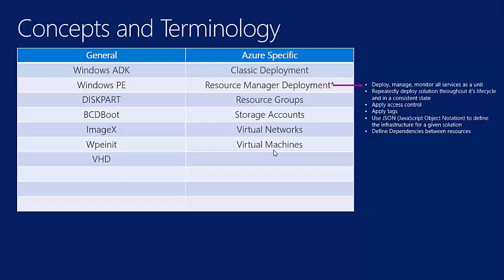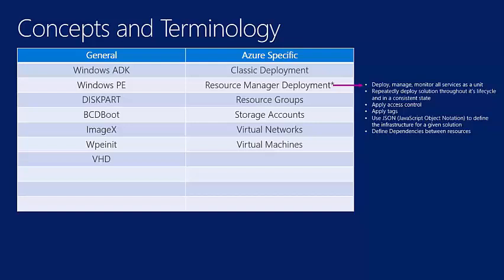So if you want to create a bootable partition, BCDboot will help you do that and make it easy. ImageX, a tool that supports the capturing, modifying, and applying of your image files, the traditional WIM format, right? There's a tool called WinPEinit. Now this is a command line tool that will initialize Windows PE at boot time.